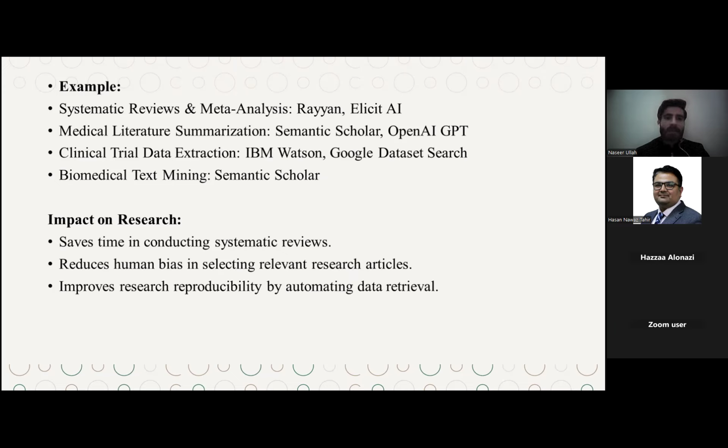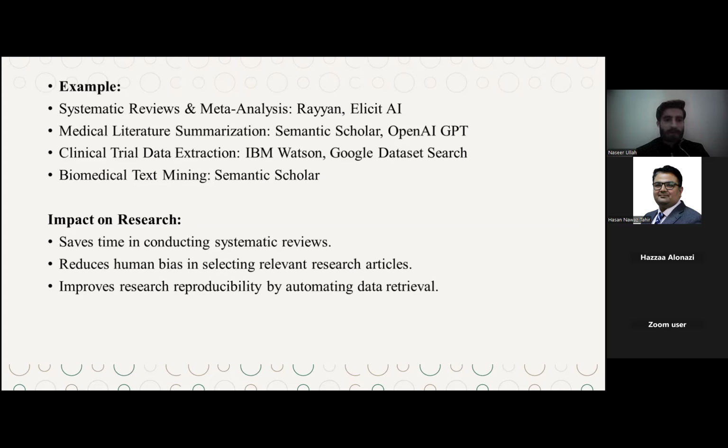Clinical trial data extraction: we extract data from clinical trials. Some of the websites are IBM Watson and Google Data Sheets. And in biomedical text mining, here we extract or search articles in Semantic Scholar.